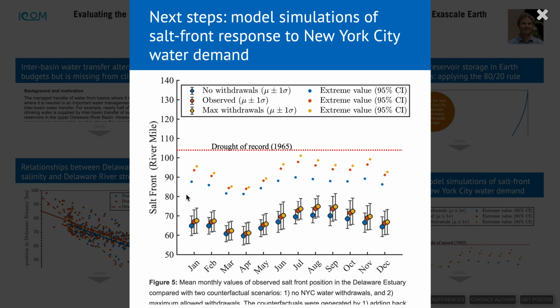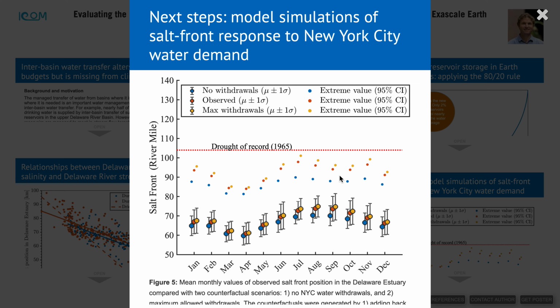And we constructed two counterfactual scenarios, one where New York City withdraws no water, shown in blue, and one where New York City withdraws its maximum allowable water in yellow, and found that under historic climate, New York City withdrawals are already capable of moving the salt front inland towards unmanageable levels, last seen in the record drought of 1965.